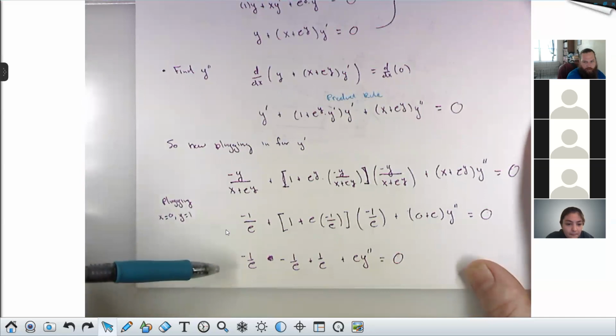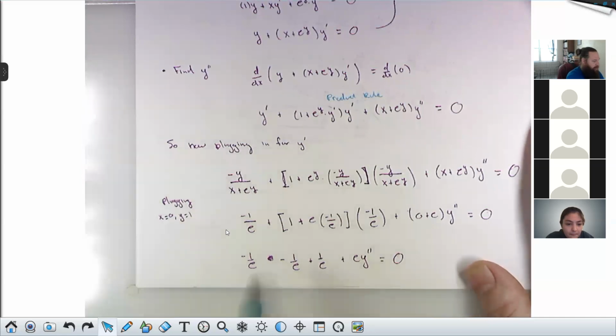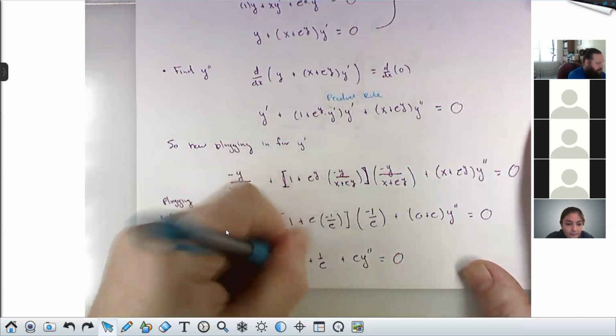It's pretty gnarly looking. These two middle terms here came from distributing this to here and to here. So negative 1 over e times positive 1 is this negative 1 over e. And then e times negative 1 over e is negative 1 times this is positive 1 over e. So these guys cancel, right? These give me 0.